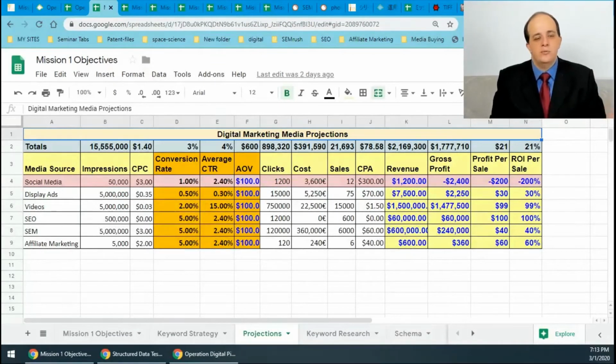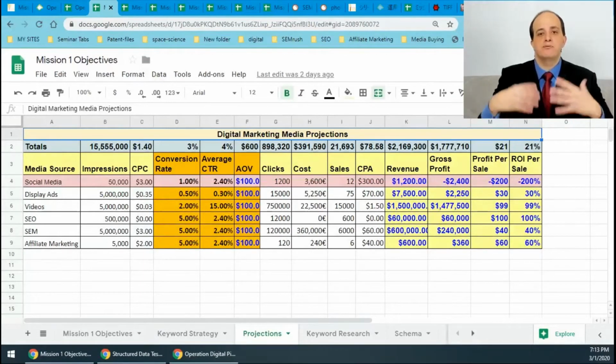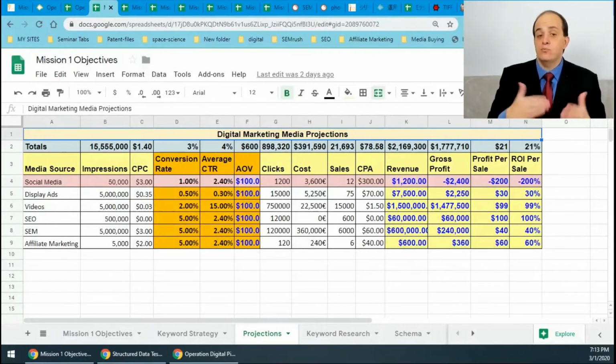Great. Then we have the conversion rate, which updates based on the media source. It's not always going to be the same conversion rate. Social media, for example, is going to have a 1% conversion rate. Display advertising is going to have half of 1%. It's really, really low conversion rate for display advertising because it's proactive marketing. It's not reactive.